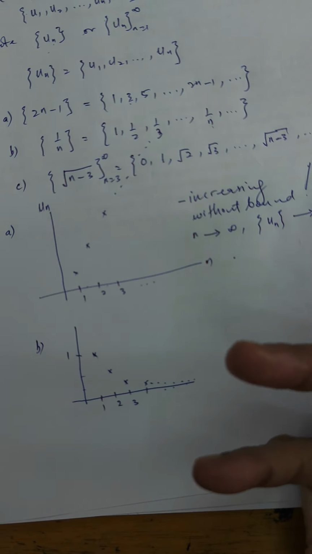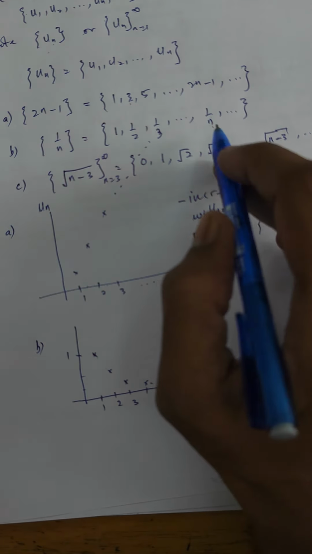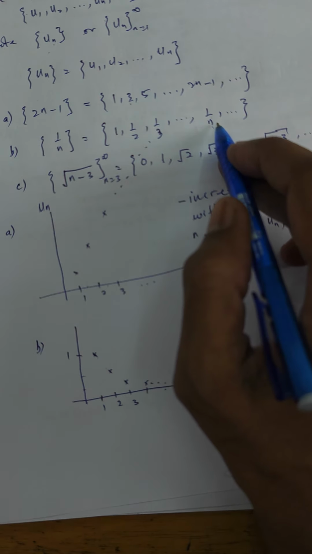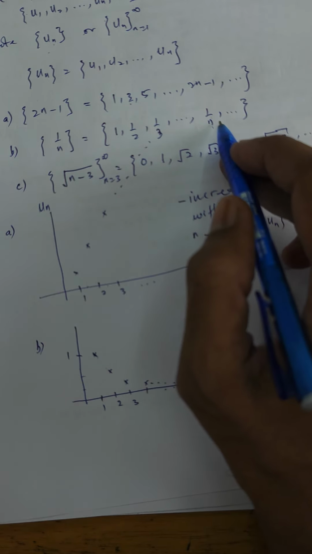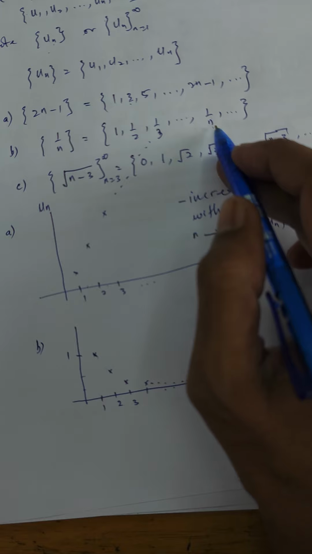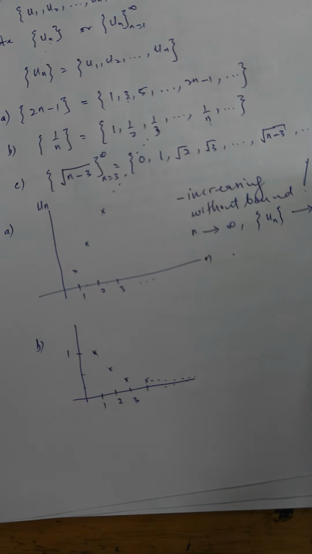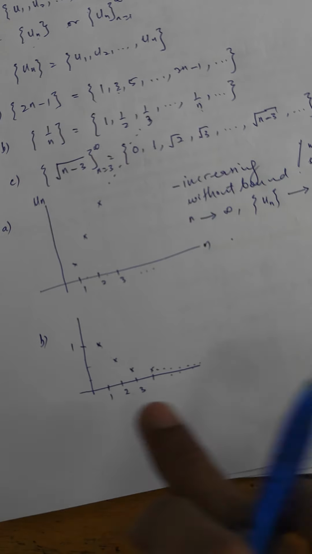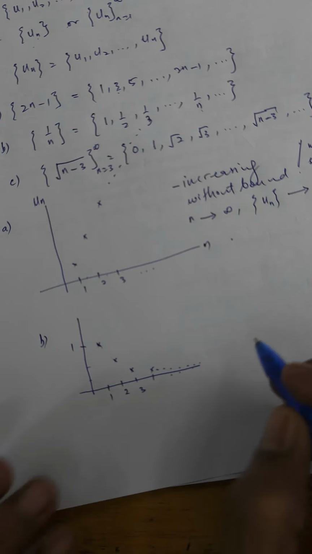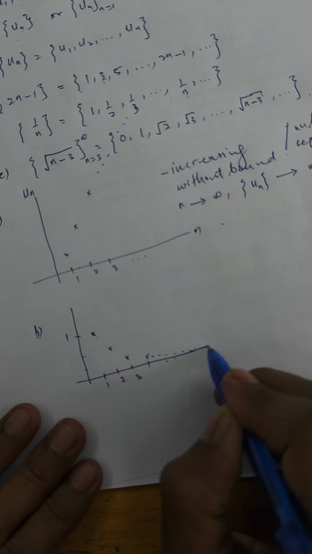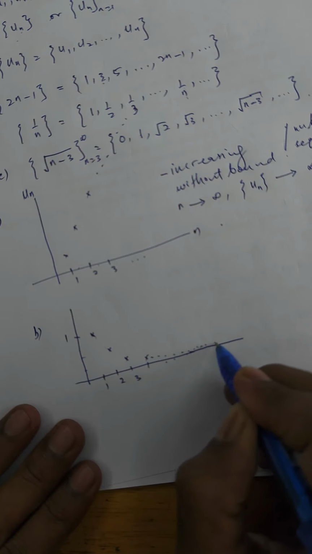It approaches 0, but not 0. Even if you choose n 10, for example, it's still not 0. Even if you choose n thousand, it's still not 0. If you choose n million, it's still not 0, but very close to 0. So it is getting closer and closer to 0, just like that.